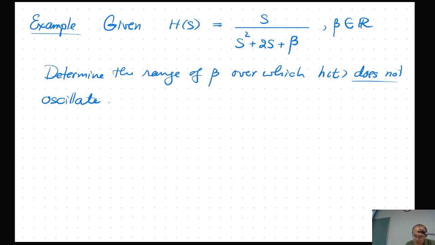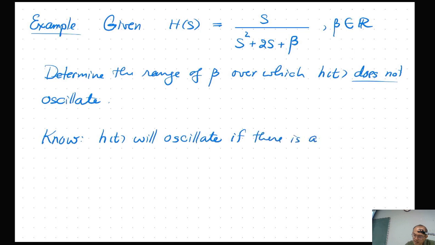So we know h(t) will oscillate, in other words, contains a sinusoidal function, if there is at least a complex pole.